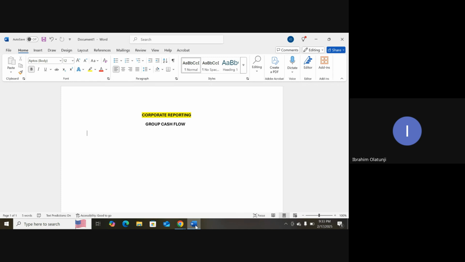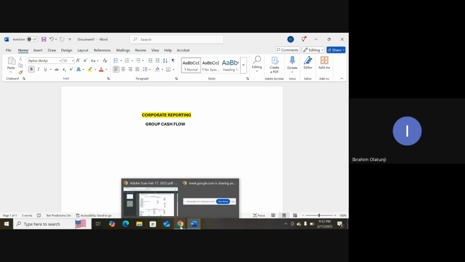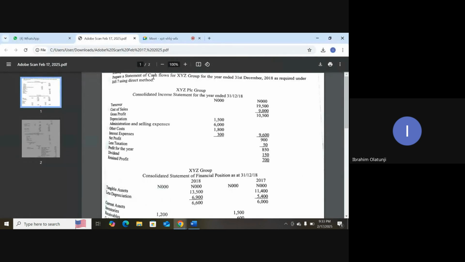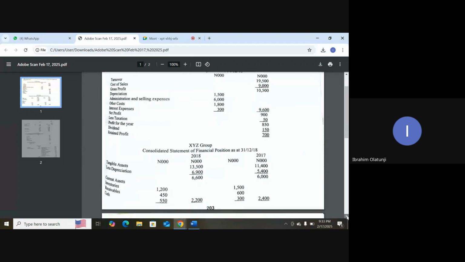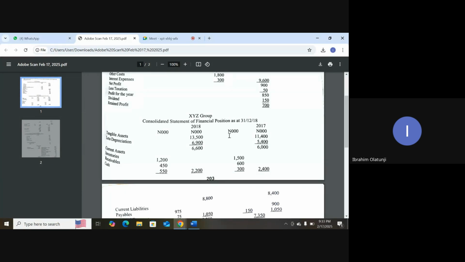But firstly, we have to try the direct method, which is the direct approach. If you look at this question, they are giving us the consolidated income statement, which is the statement of profit or loss, and also the consolidated statement of financial position.